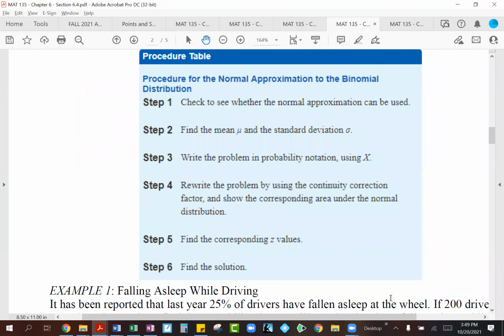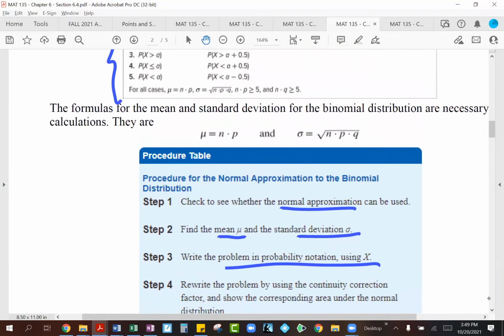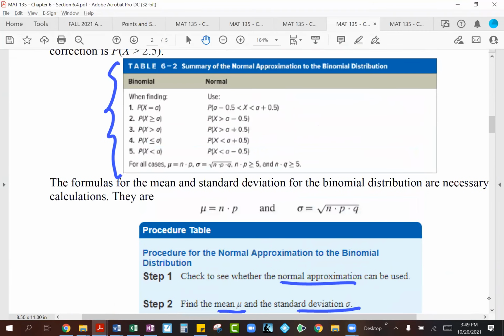So this is how your procedure is going to work. Check to see whether the normal approximation can be used, find your mean and standard deviation, and write down your probability notation. Then, based on whatever your step 3 comes out to be, you will have to put in your correction value.